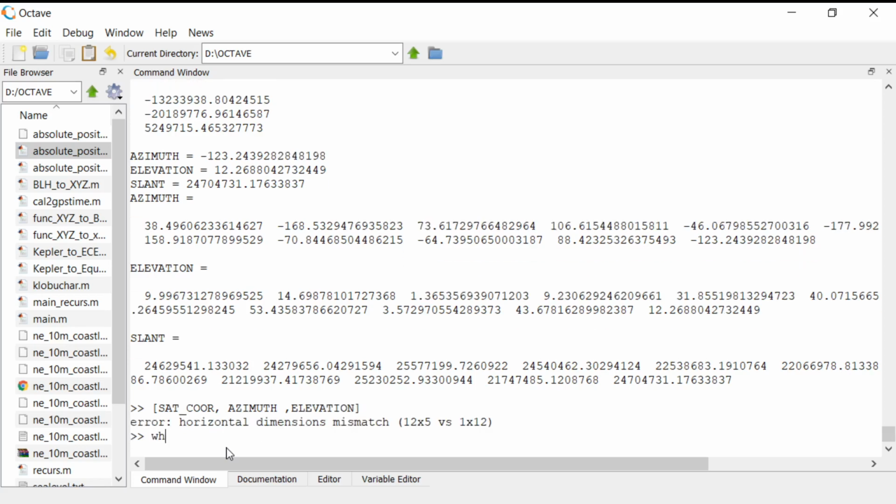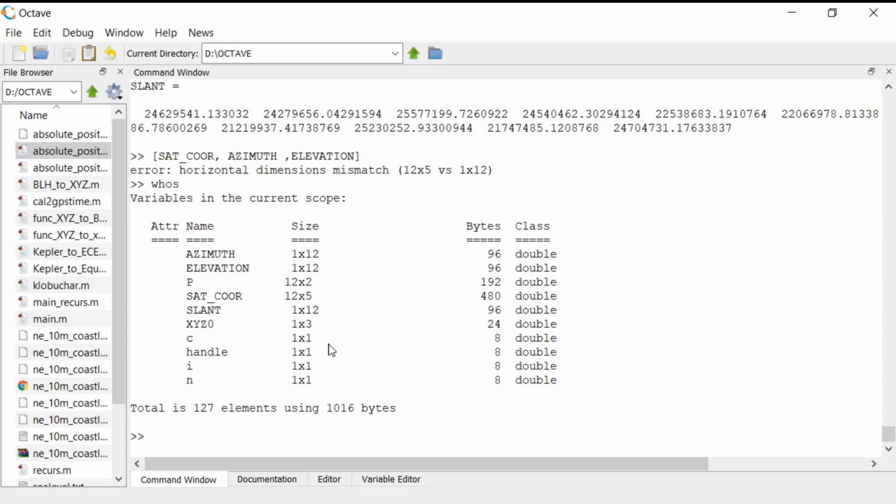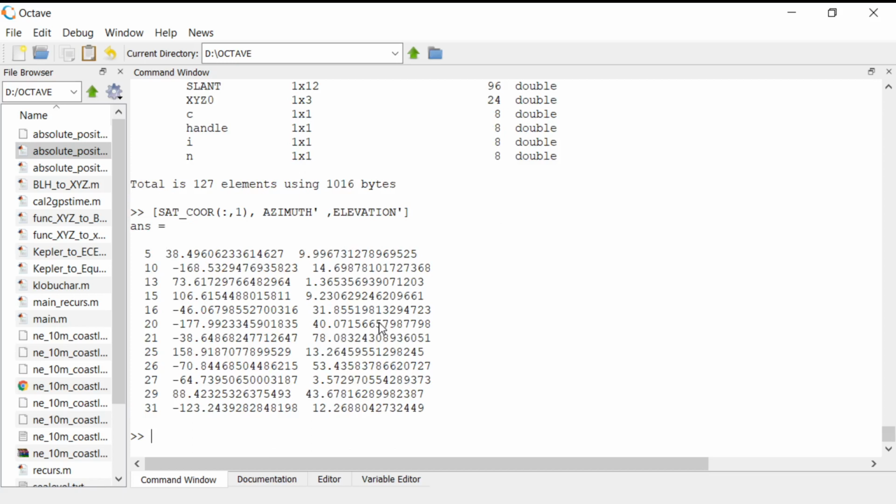Sorry, what about the problem? Azimuth, sat core, and this is my first one. The azimuth should be the transpose, elevation should be the transpose.